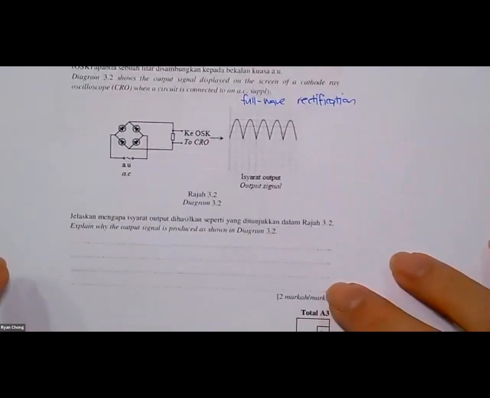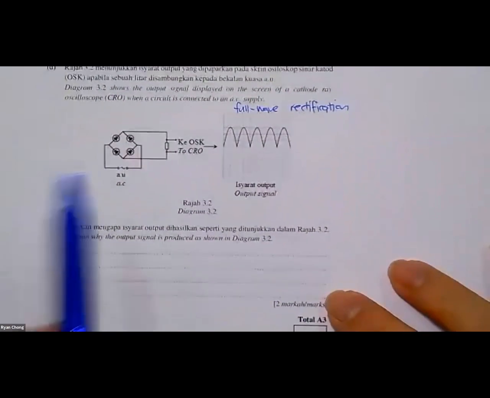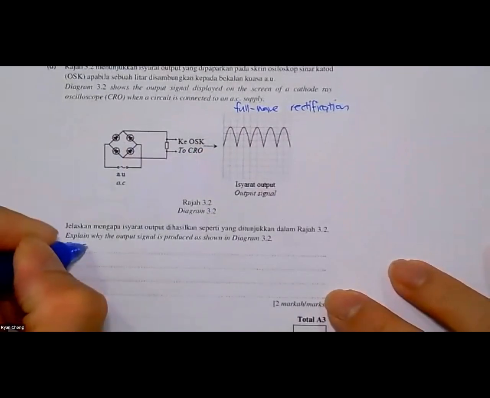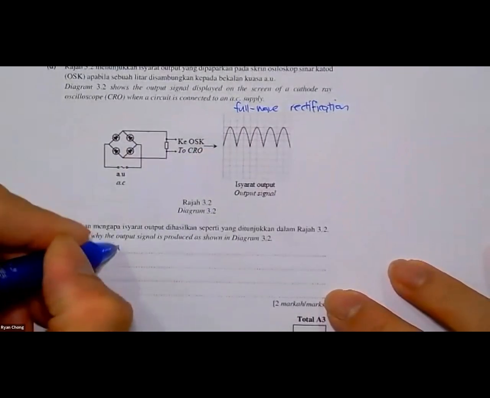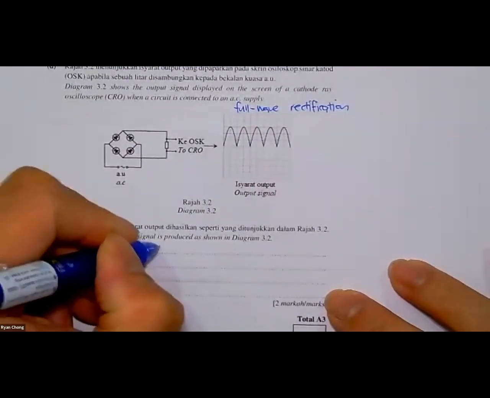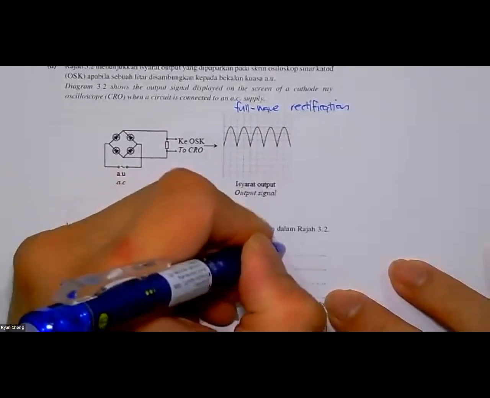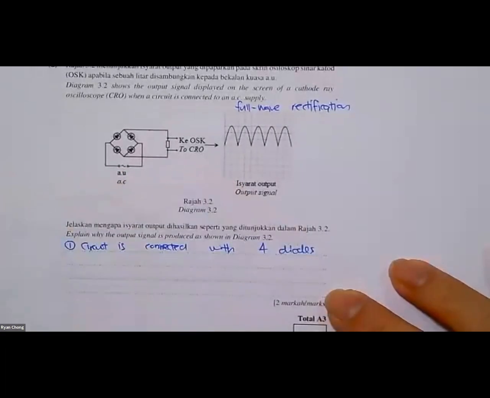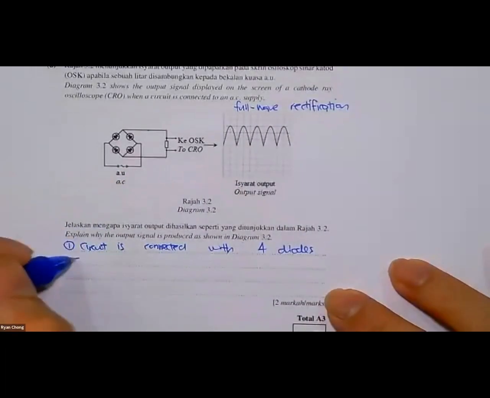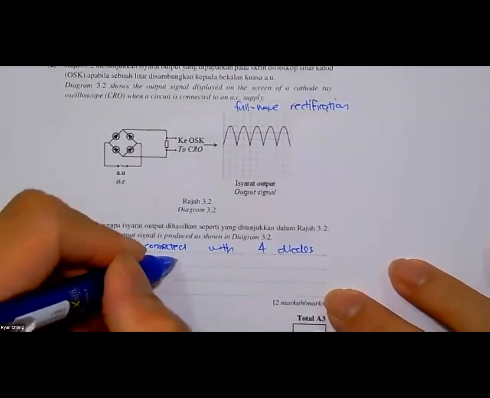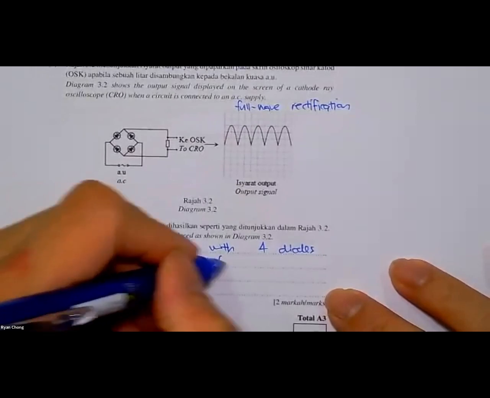You have to tell why you get full wave. So the first one you mentioned, the circuit is connected with 4 diodes to have full wave rectification.